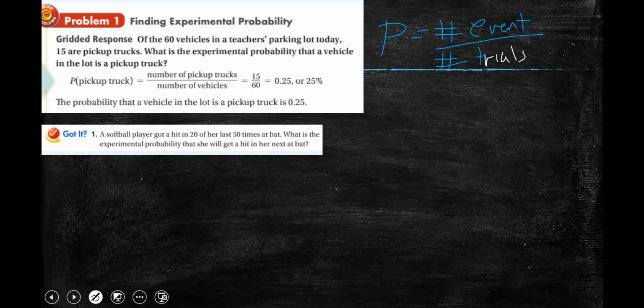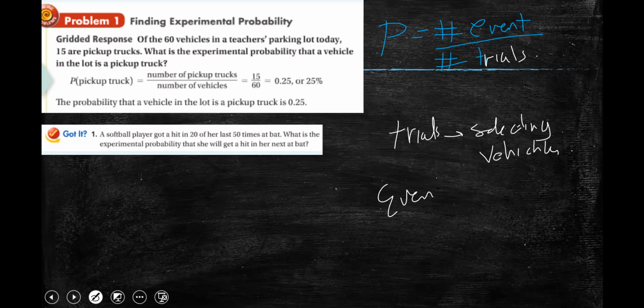Now, what is a trial here? It is selecting a vehicle, so it is 60. And what is the event here? It is 15. Select a truck.